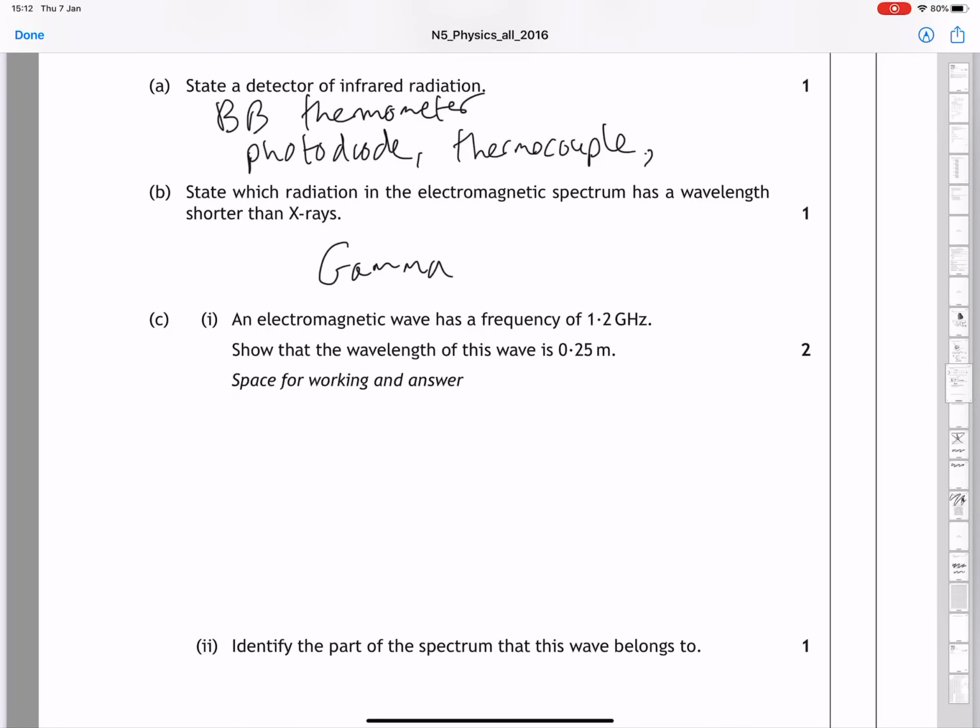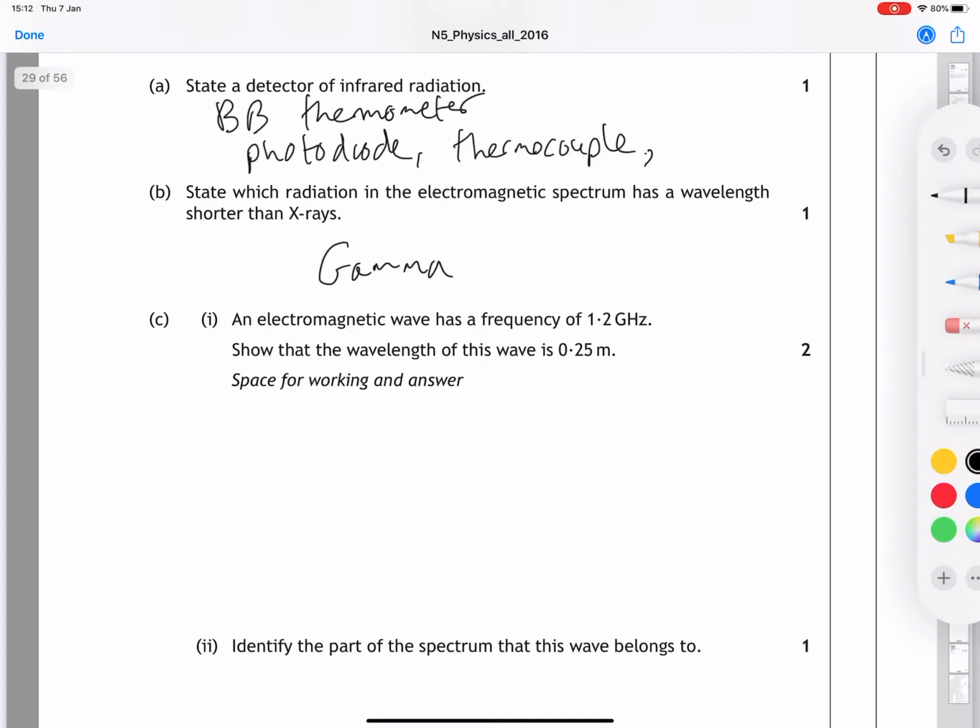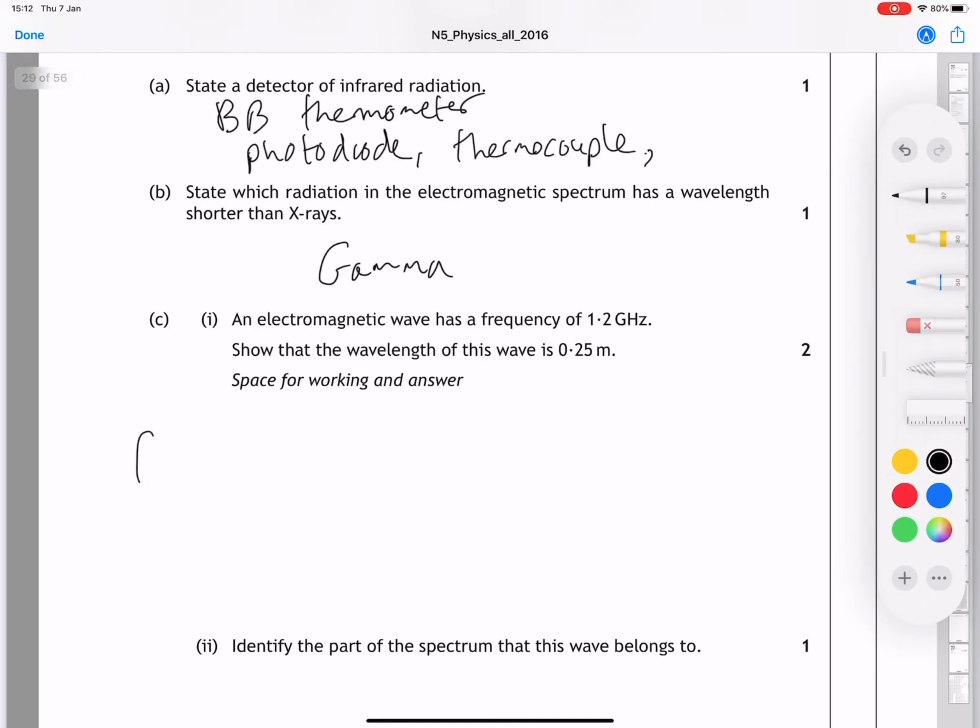Another show me question. So you've got the frequency, 1.2 gigahertz. 1.2 giga means times 10 to the 9. You know the speed, everything in the electromagnetic spectrum travels at 3 times 10 to the 8, and you want to show that the wavelength is 0.25.